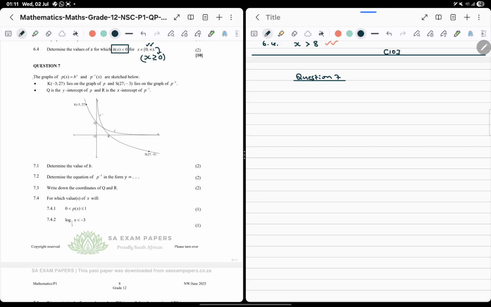So question 7 says the graphs of p of x equals b to the exponent x. So what we notice is that the coefficient of this power, the power is the base and its exponent. So the coefficient there is 1. So usually this is a. So a is greater than 0. And what do we see?